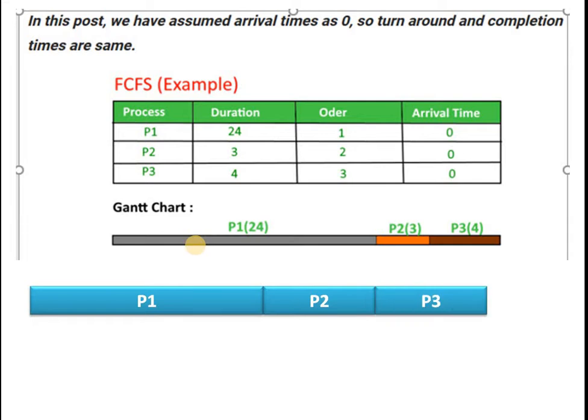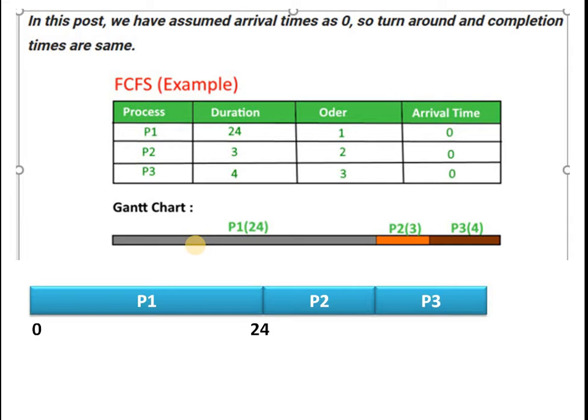Initially the waiting time of P1 is 0. P1 requires 24 milliseconds for the execution, so 24 milliseconds is the turnaround time of P1. P2 has to wait for 24 milliseconds.